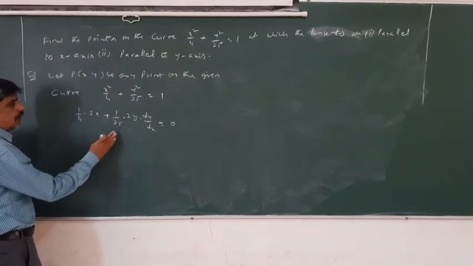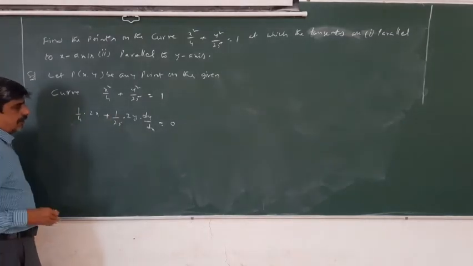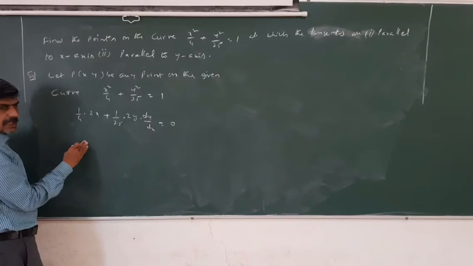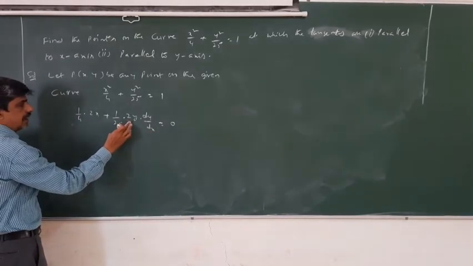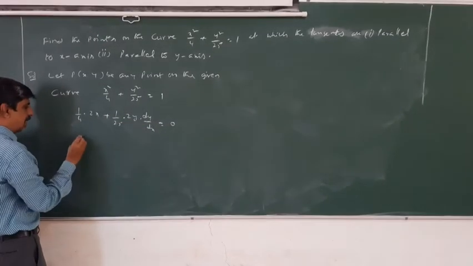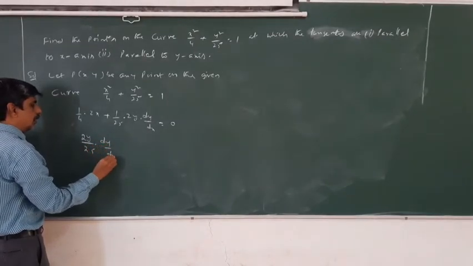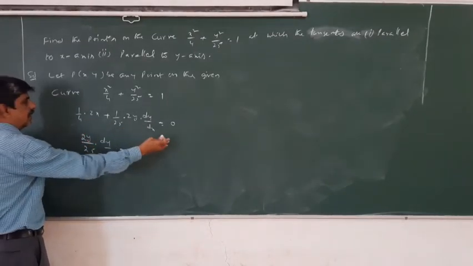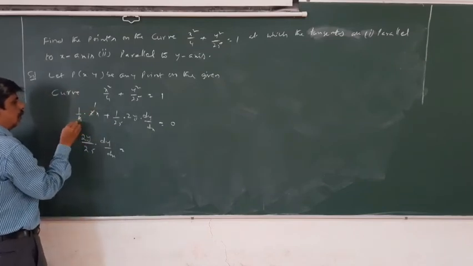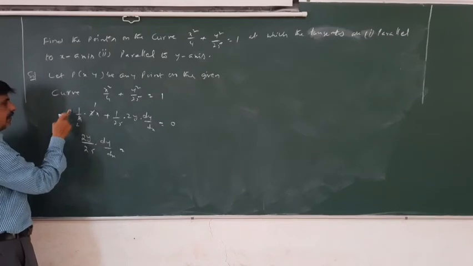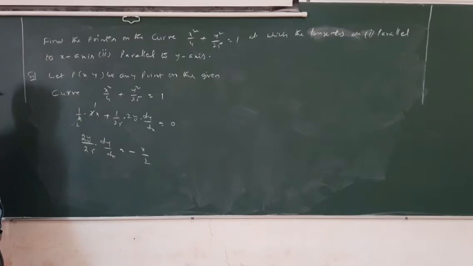So now we want to find the slope of the tangent, means that is dy by dx we want to find. So keep dy by dx terms on one side, remaining on the other side. So 2y by 25 into dy by dx is equal to, this plus value shift that side, minus 2x by 4 means 2 ones are 2, 2 twos are 2. So this is 1 into x by 2, x by 2 shift that side. So minus x by 2.